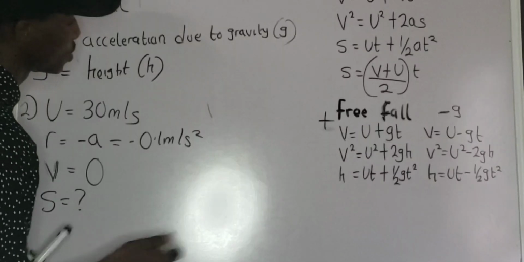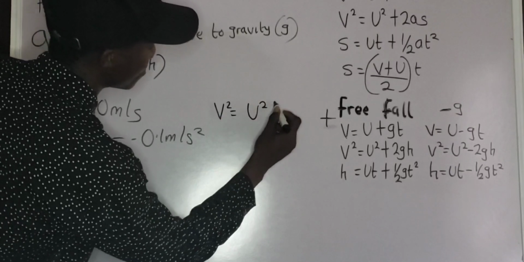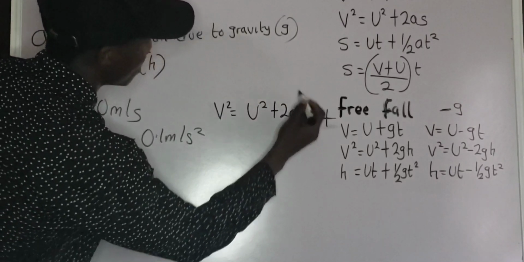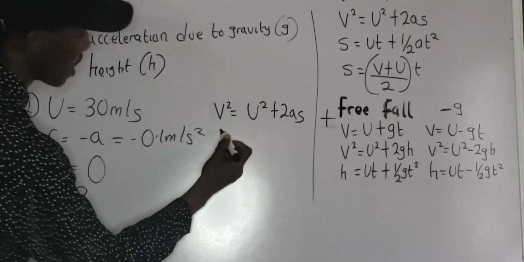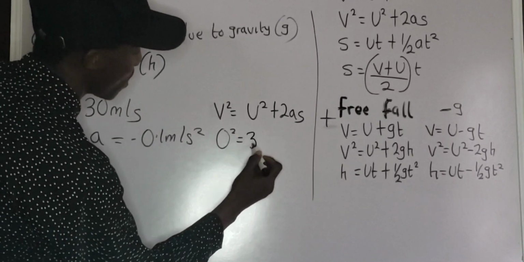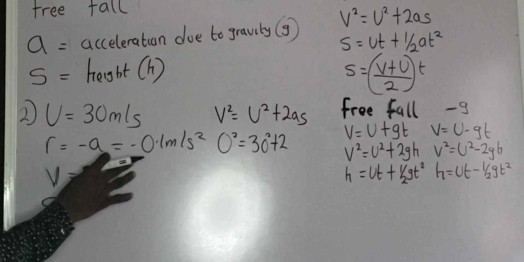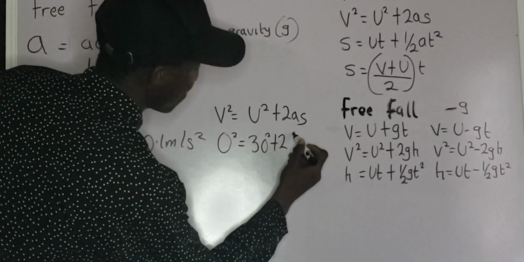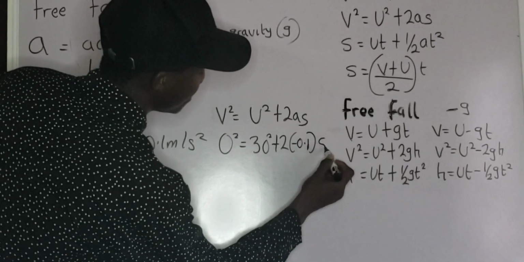So let's go. We are going to have v squared is equal to u squared plus 2as. Don't forget that v is 0. So I'm going to have 0 squared is equal to u squared, that is 30 squared, plus 2 multiplied by minus 0.1 multiplied by distance, which is s.